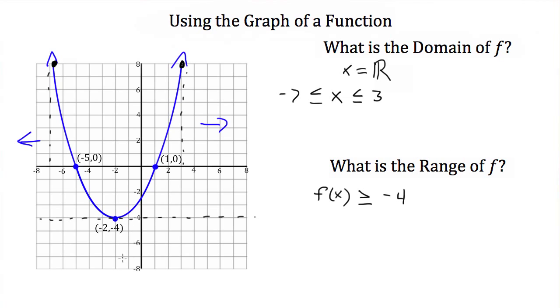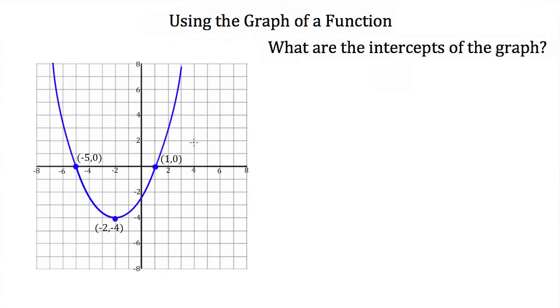And it's negative 4 because I can see on my graph that the smallest y value I have is negative 4, and all of my y values are larger than that. So if negative 4 is my smallest y value, that means my smallest value of my range is also negative 4. And since values greater than negative 4 are okay, I say that the function has to be greater than or equal to negative 4.